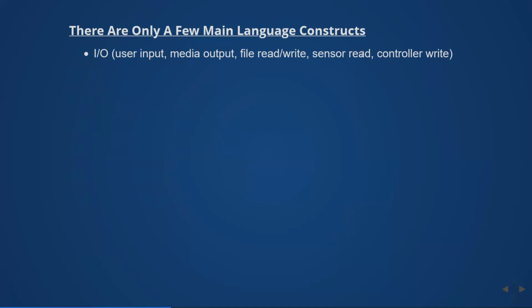There were a lot of different kinds of reading and writing with many different kinds of devices, math operations, and also assignments. So when you're moving data from one place to another, that's basically a math operation.